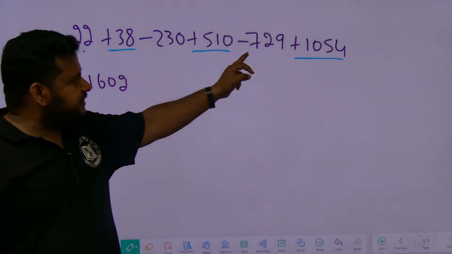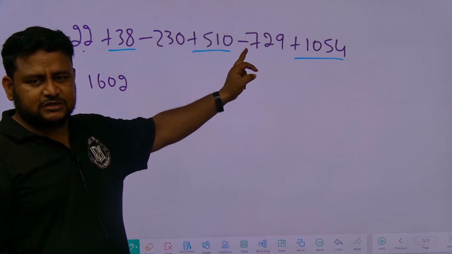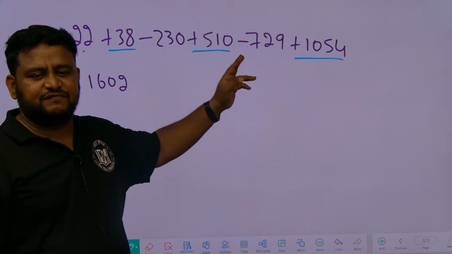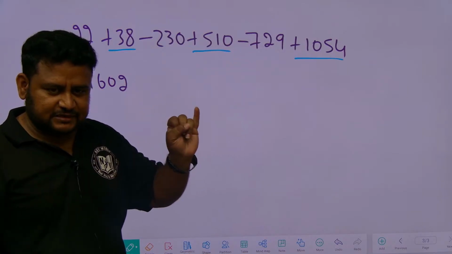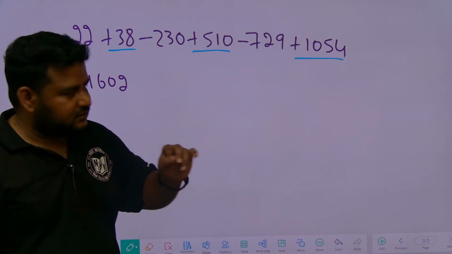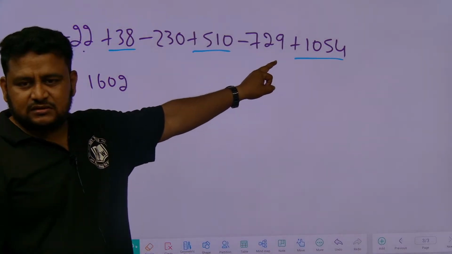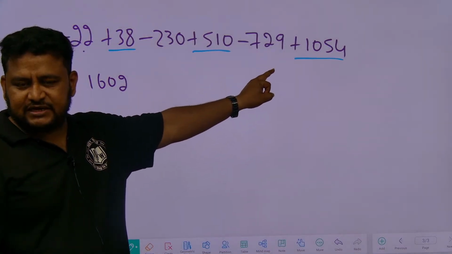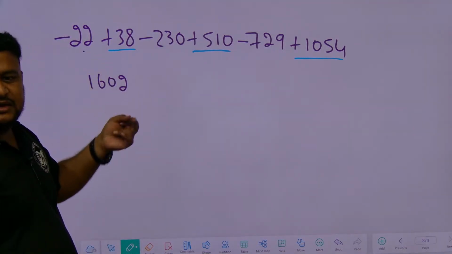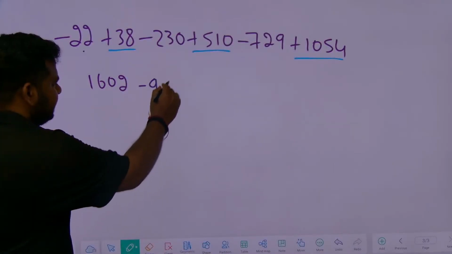We are having 700 here. 700 plus 250 is what? 950. 700 plus 100 is 800, 800 plus 100 is 900, plus 50 is 950. We got 950. Then 29. 950 plus 29 is 979. 979 plus 2 is 981. So minus 981.